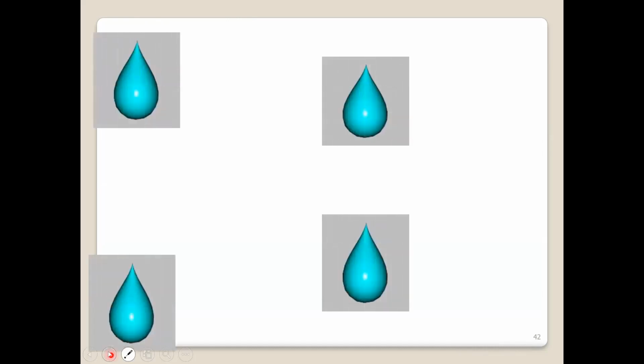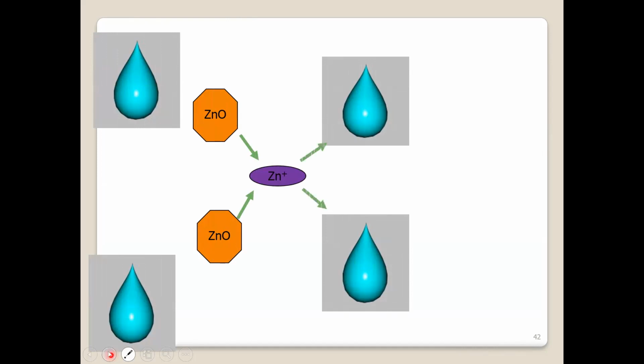Then we come to the setting reaction. Again, this is the liquid which is coming in contact with the powder or the basic component. Now liquid this time has polyacrylic acid. Again, H plus ions are going to be released. These H plus ions react with the zinc oxide powder or the core powder particles and release zinc ions.